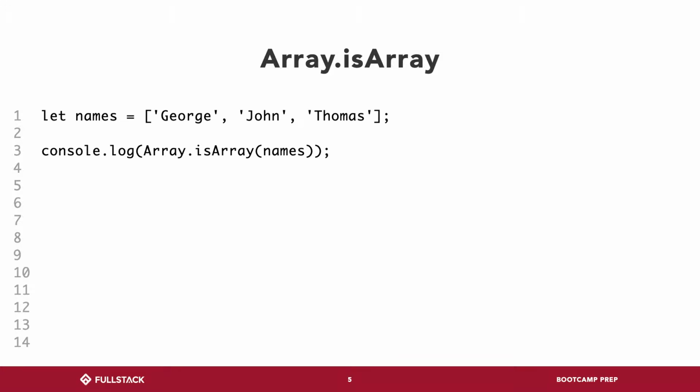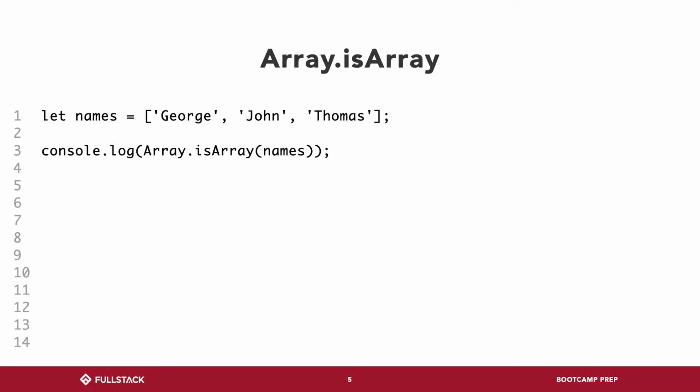So, you have let names equal to an array of three things: the strings George, John, and Thomas. At index 0 it's George, at index 1 it's John, and at index 2 it's Thomas. Then you console.log Array, capital A, like the global objects Number, Boolean and String.